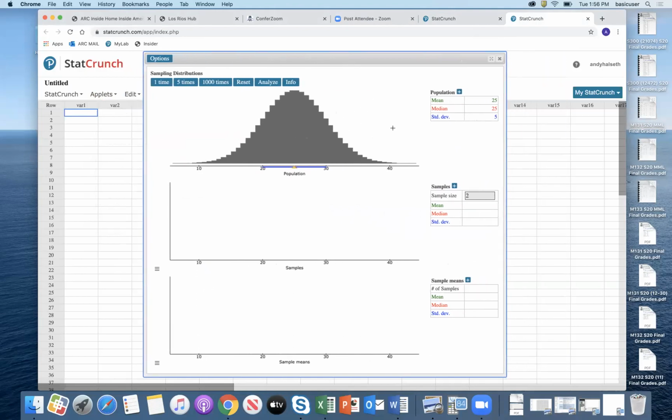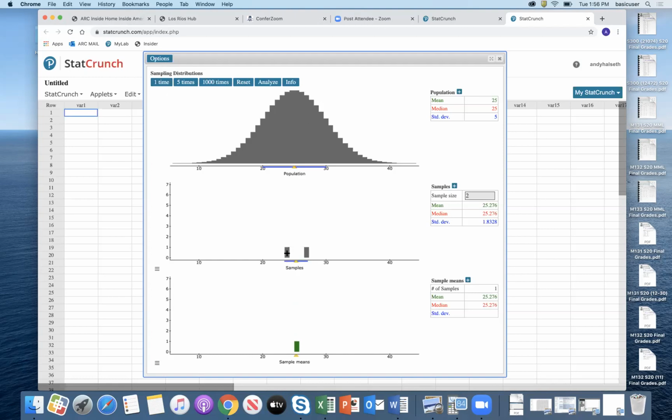Suppose this graph is the distribution of all students at the college, where we know the true population mean is 25, and let's say the standard deviation is 5. What we're doing is we're going to take 2 students, that's right there, and then average their ages together. So let's do it one time. There's the 2 students, and there's their average age.